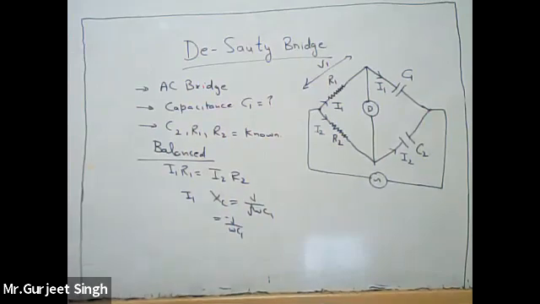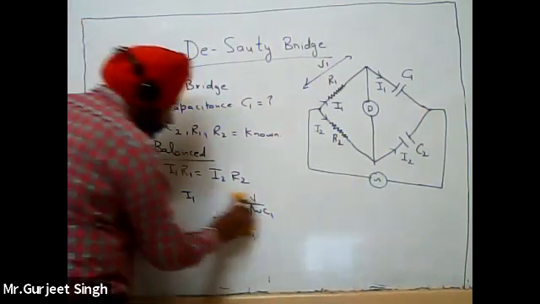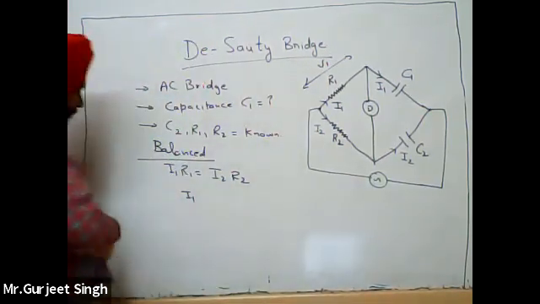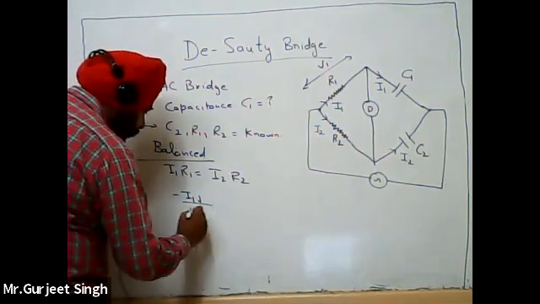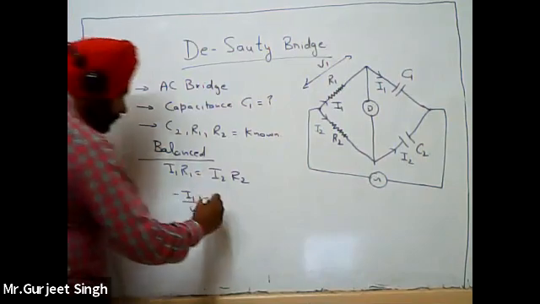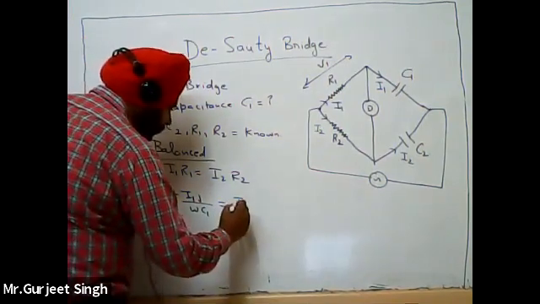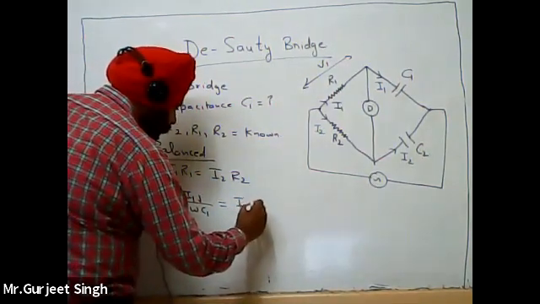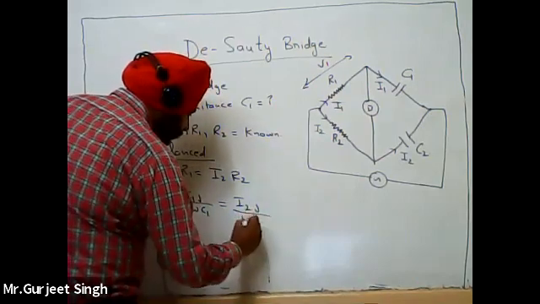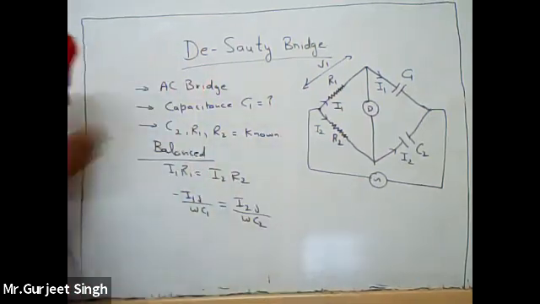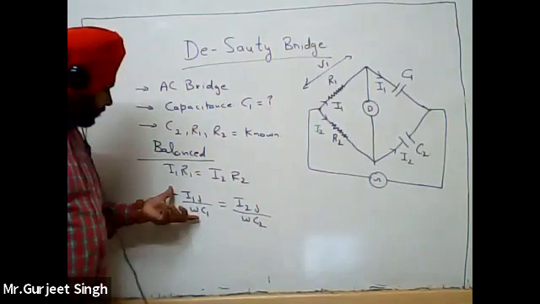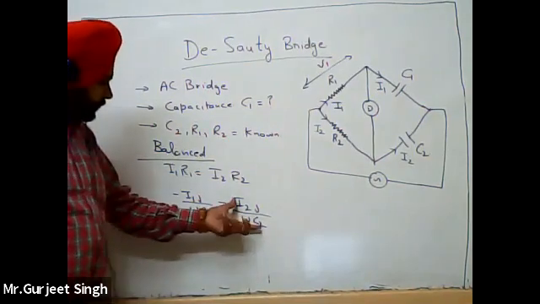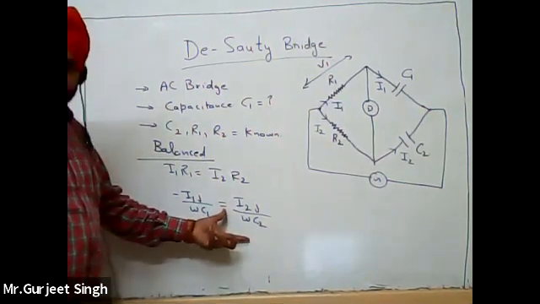So we write here: I1 minus j omega C1 is equal to I2 minus j omega C2. This is the equation: I1 j omega C1 is equal to I2 j omega C2.